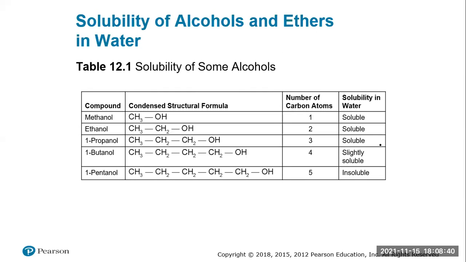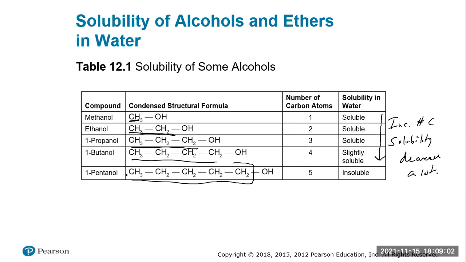As we start increasing the number of carbons, the solubility really decreases a lot. Here, there's just one carbon, or 2 carbons, 3 carbons, 4 carbons. But now we're starting to build out a very big molecule that has this non-polar part, which makes it really difficult to interact with water.